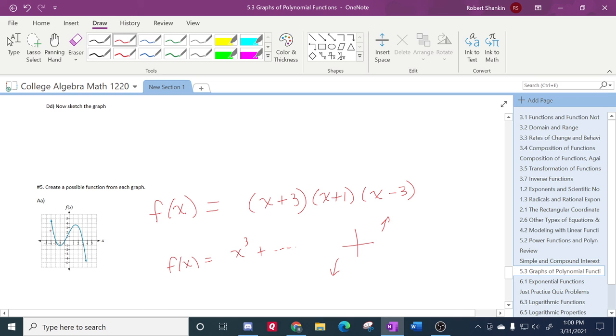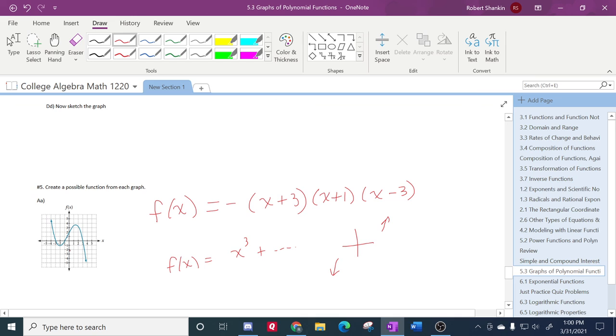And this end behavior is the opposite of that. So how do I adjust this to match that? I must have had an extra negative sign that switched the end behavior around. So here is a possible function for this one right over here.